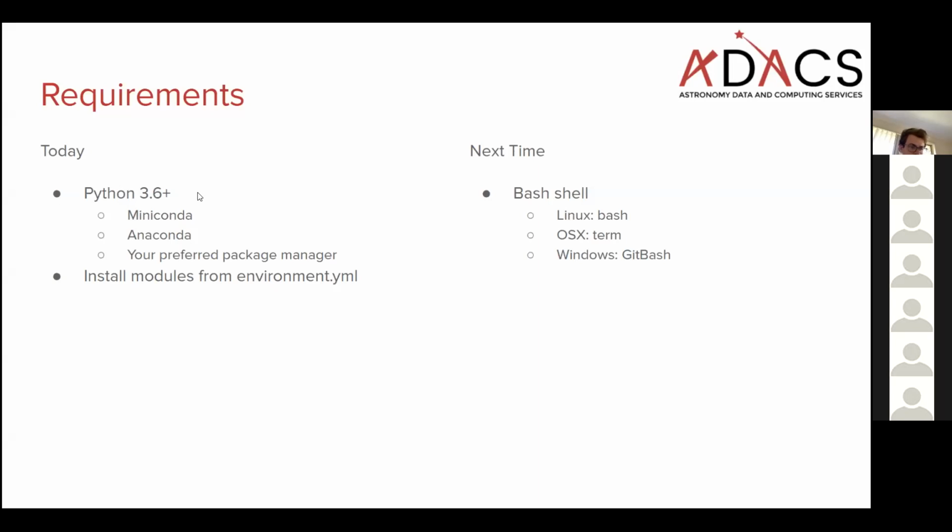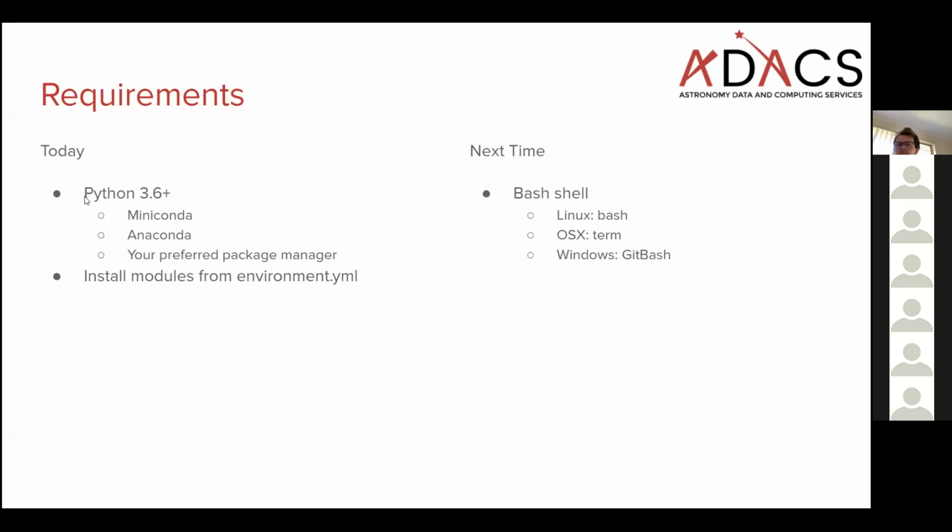So for today, the requirements that we have are hopefully pretty easy for you to satisfy. So using whatever package manager you enjoy the most, either Miniconda or Anaconda, you can use the environment.yml file, or there's also a requirements.txt file if you have a more generic Python environment manager that you're using.